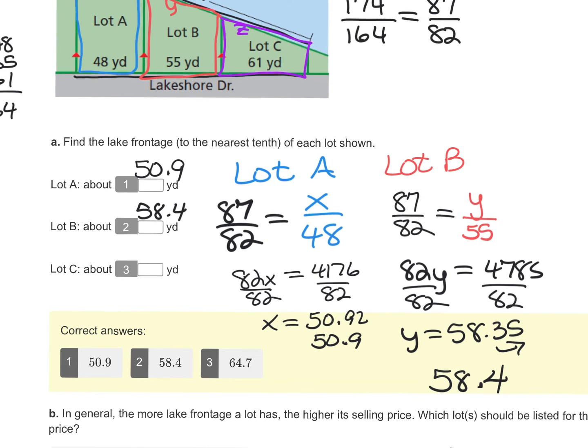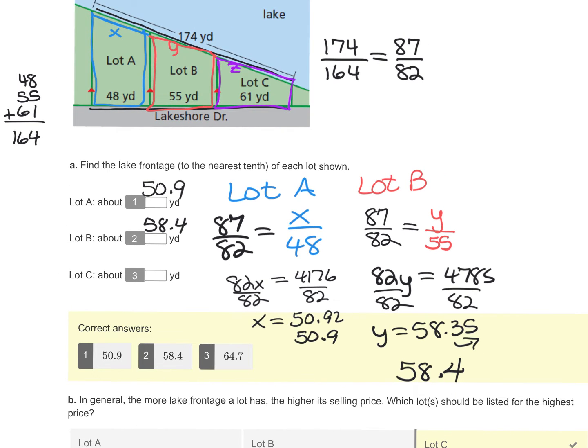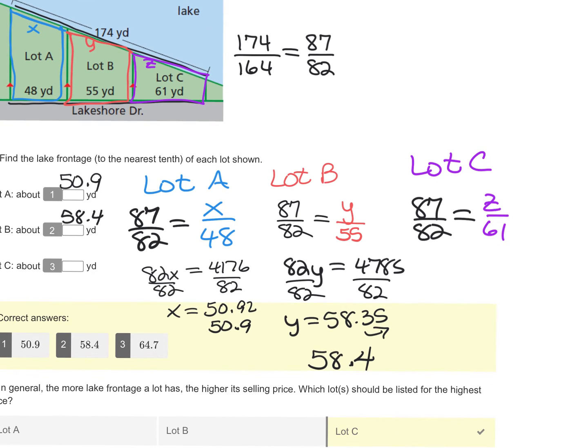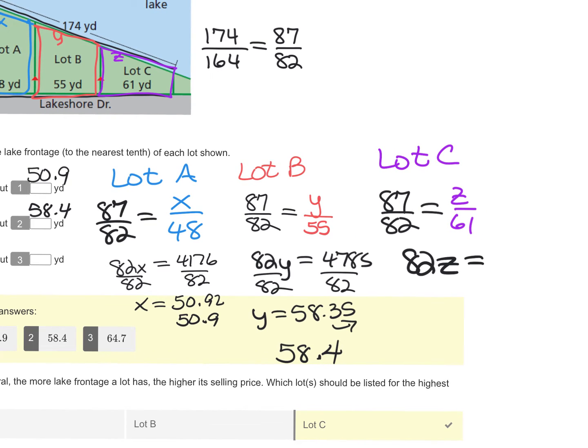I now need to do lot C. Can do a proportion for that one as well. 87 over 82 equals, and I called that Z, over 61. So again, I'm going to cross multiply. 82 times Z equals 87 times 61. 5,307.